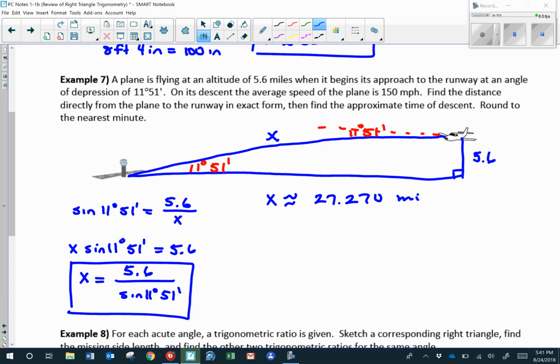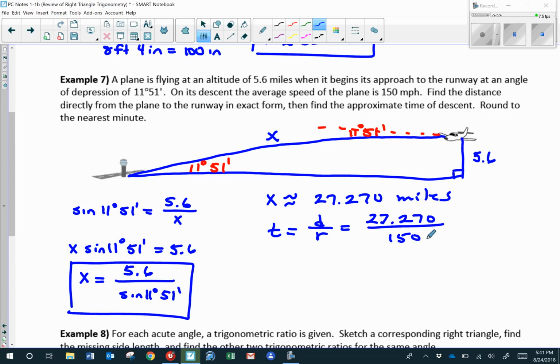27.270. Now that's going to be in what, miles, right? Because our distances are measured in miles. We do know that the speed of the plane is 150 miles per hour. So if we're looking for time, time is distance divided by rate, which is going to be that 27.270 miles divided by the rate of 150 miles per hour.